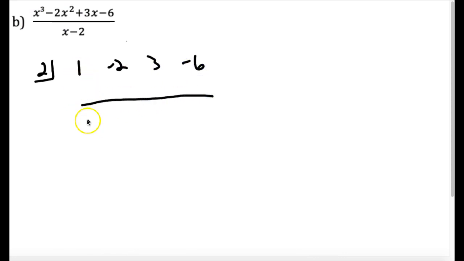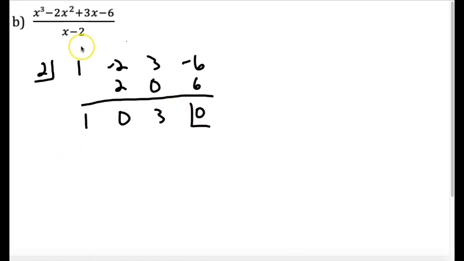So bring this first number down, multiply, add, multiply, add, multiply, add. So in this case, we get a 0 remainder.